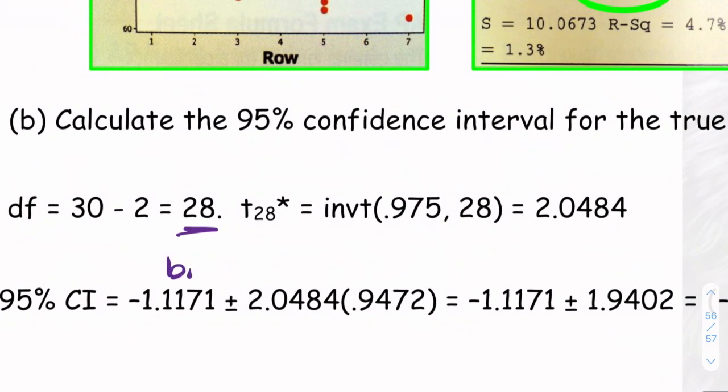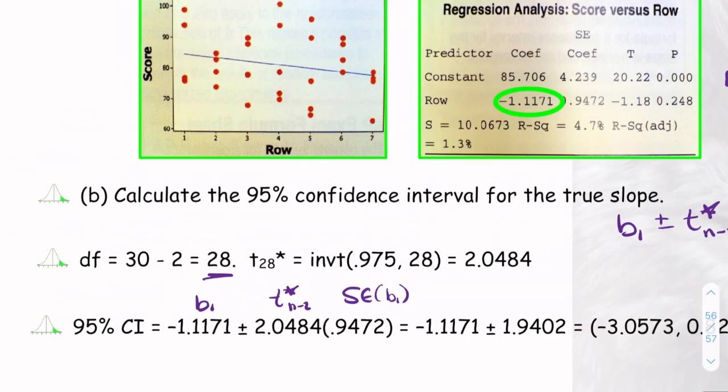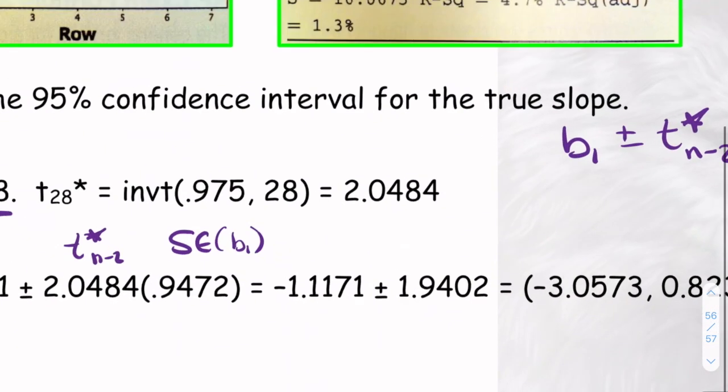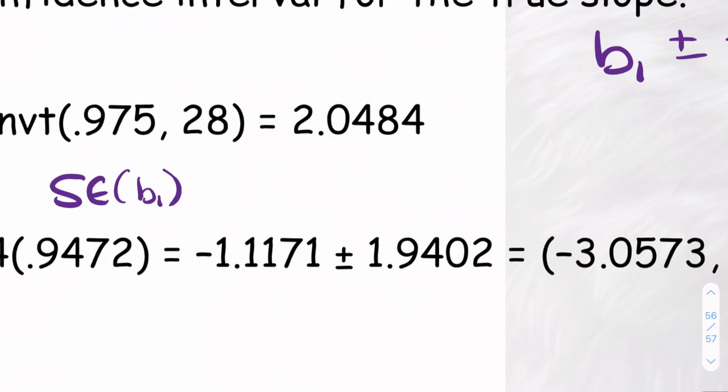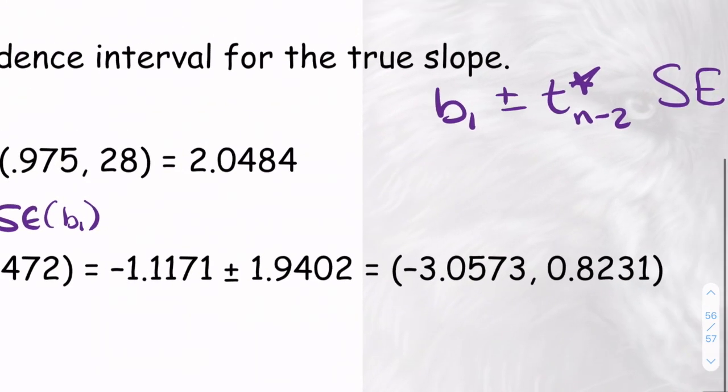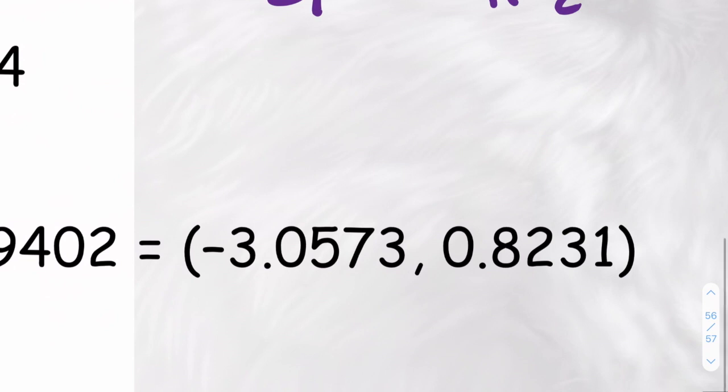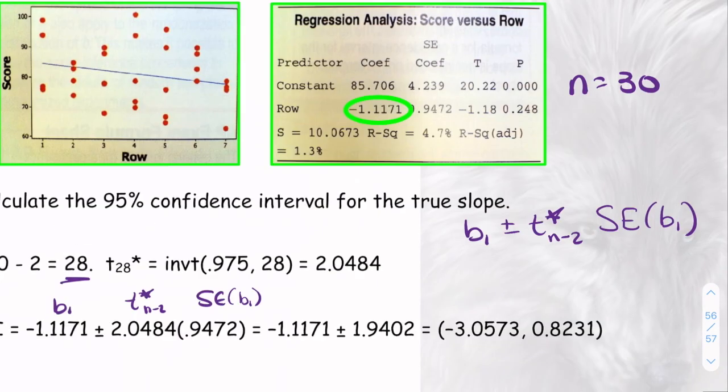Our slope from our chart, plus or minus our critical value with n minus 2, or 28 degrees of freedom in this case, times our standard error of b sub 1. If we multiply those two, we get negative 1.12 plus or minus 1.94, which gives us a 95% confidence interval of scores compared to row selection from negative 3.057 up to 0.8231.